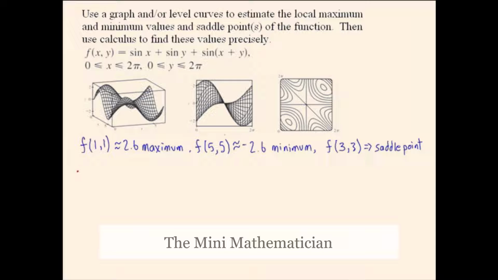So now we want to find these points using calculus. Taking the partial derivative of the function f with respect to x, we get the cosine of x plus the cosine of (x plus y).